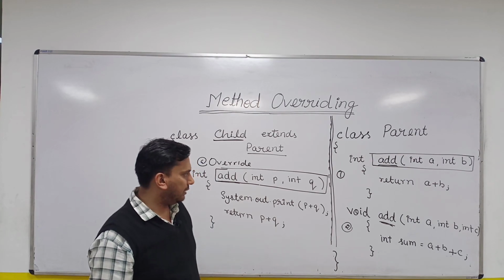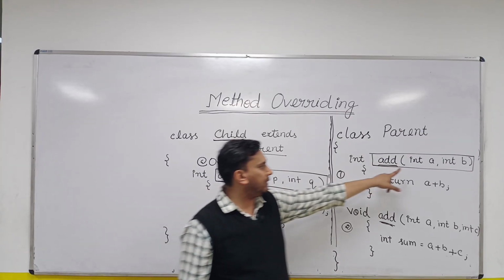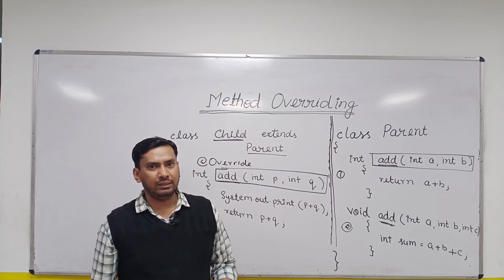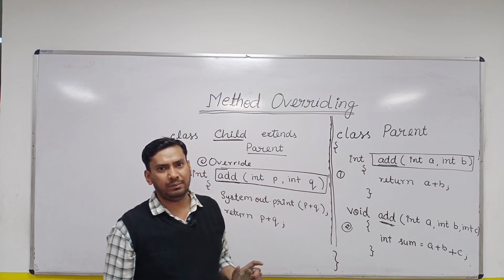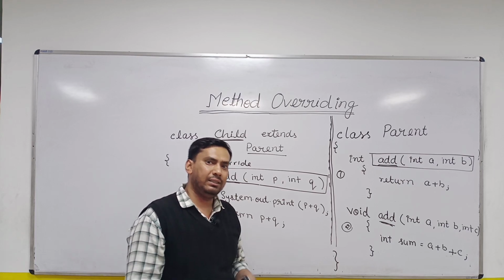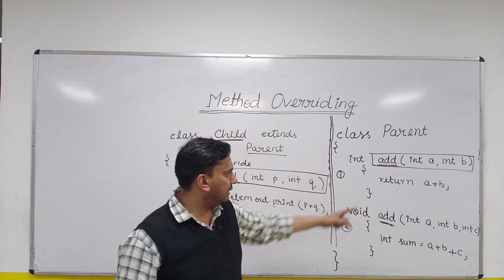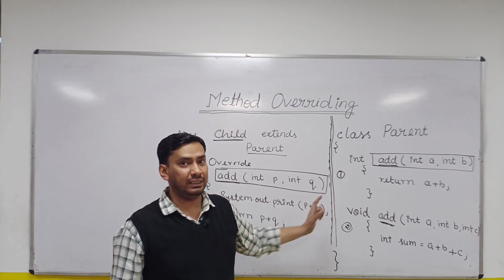Now the question is, sir, you are writing P and Q here, but there it is A and B. Is it going to make any difference? No. Signature means the type of parameters and the number of parameters. Again, I am repeating this frequently because this is important. Sometimes you get confused, thinking that since it is A and B here and P and Q there, you are changing the signature.